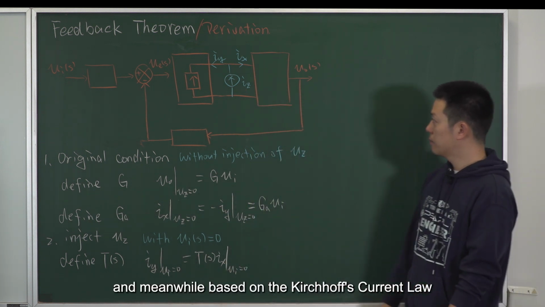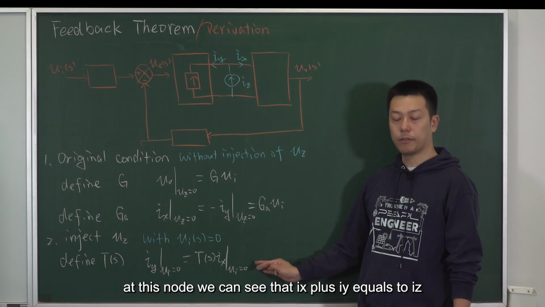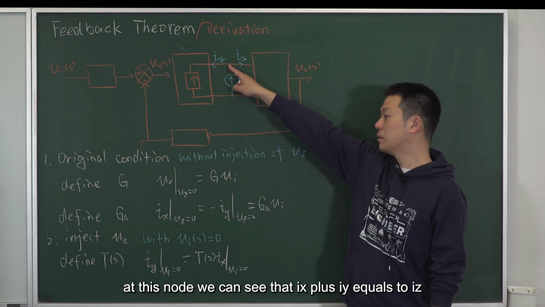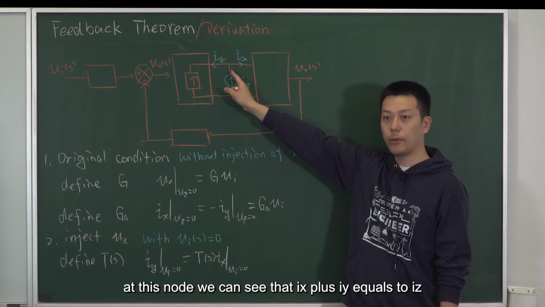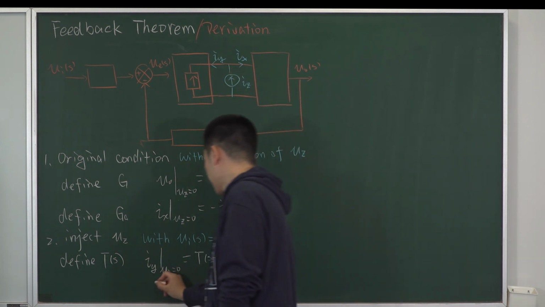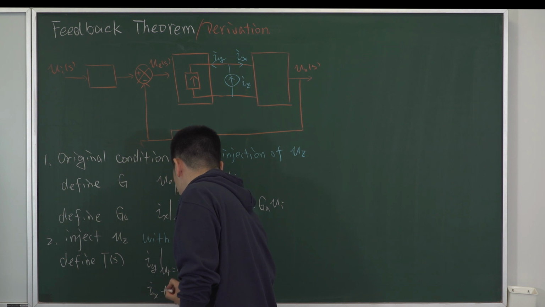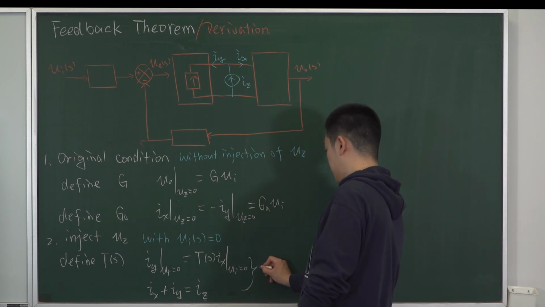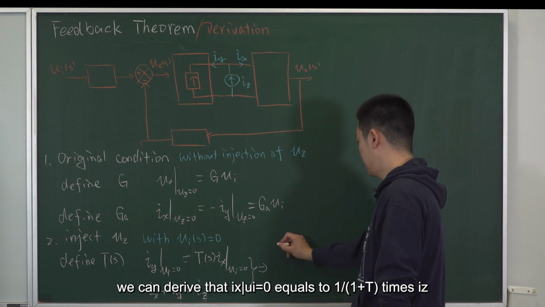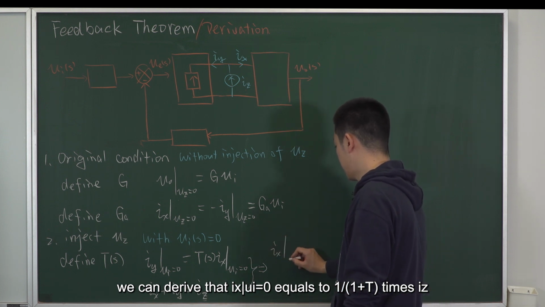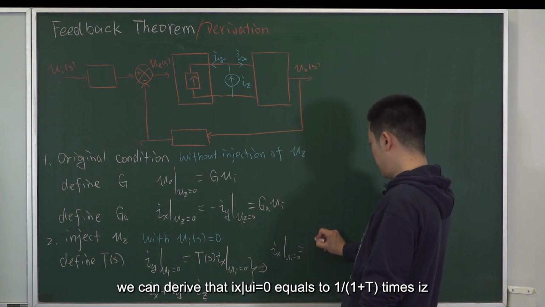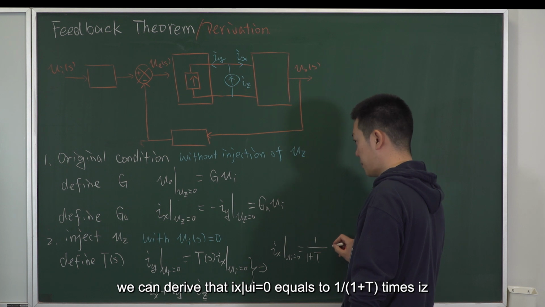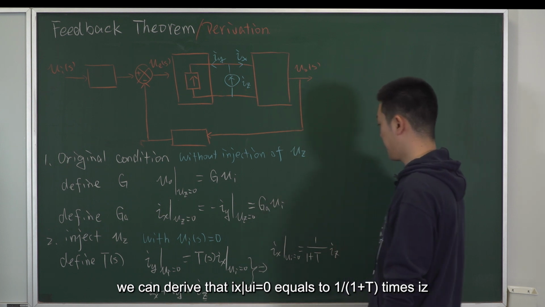And meanwhile, based on Kirchhoff's current law, at this node, we can see that IX plus IY equals IZ. So combining those two formulas, we can derive that IX, given UI equals 0, equals 1 over 1 plus T times IZ.